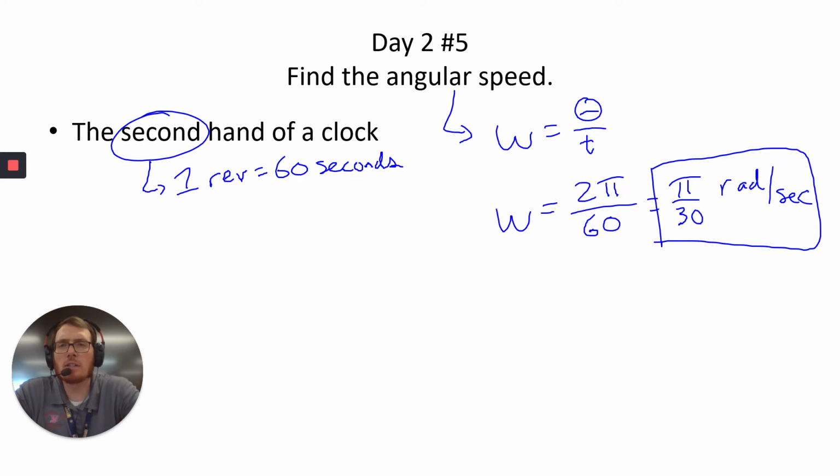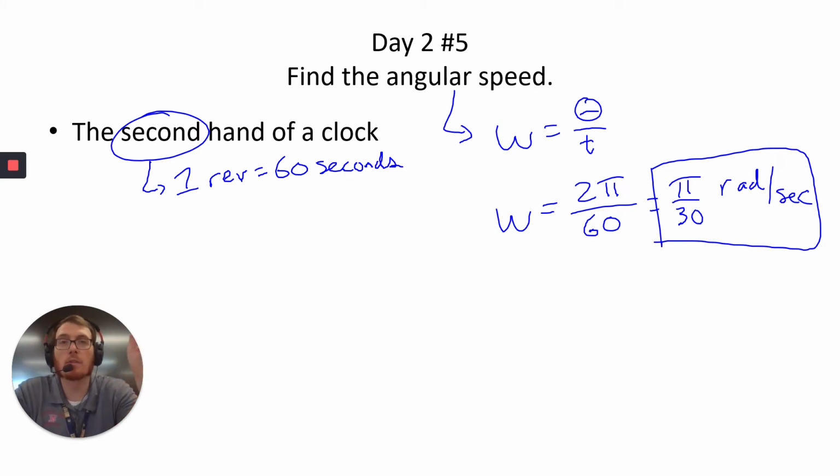The next question is a set of questions dealing with clocks. This is find angular speed. Remember, angular speed is the angle divided by how much time. So for the second hand, the angle goes all the way around, 360 degrees, in 60 seconds. So one revolution is 60 seconds.